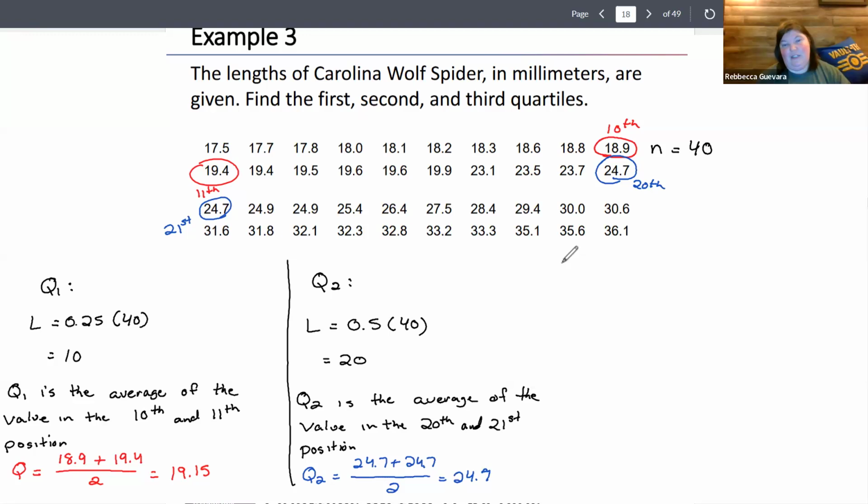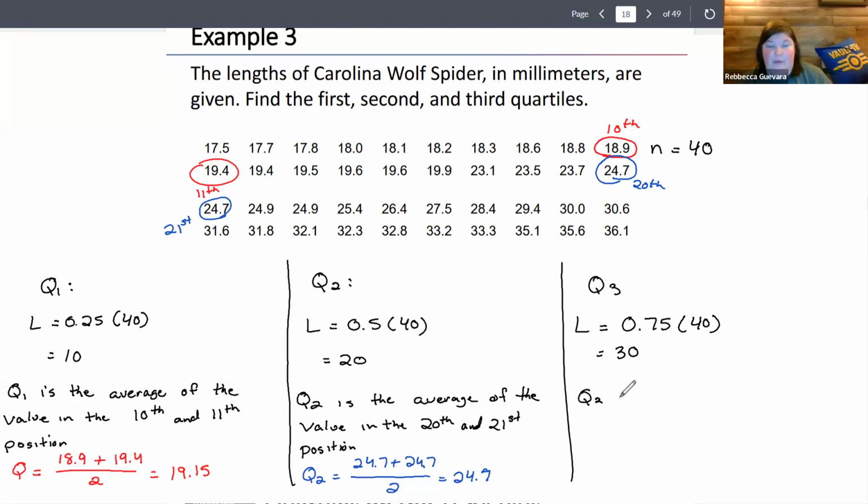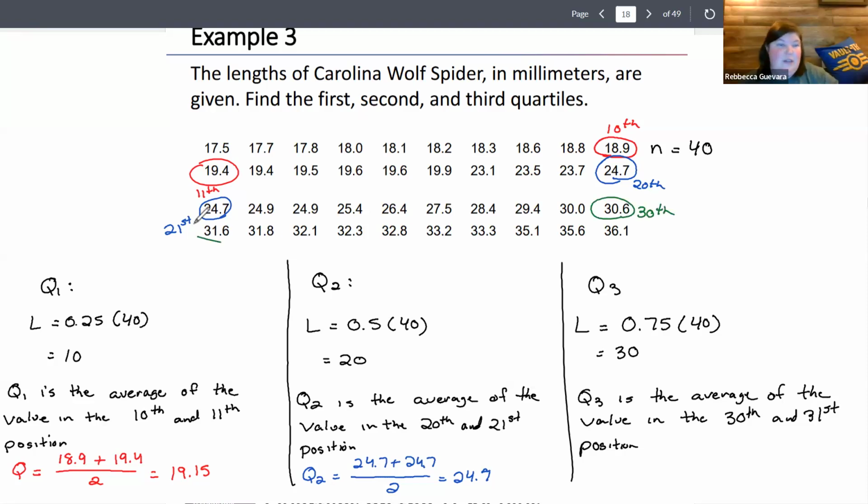Okay, so the very last one, we're going to look for Q3. That's going to be 0.75 times n, which is still 40, and this is going to give me 30. Q3 is the average of the value in the 30th and 31st position. This one is my 30th position, and this one here is my 31st position.